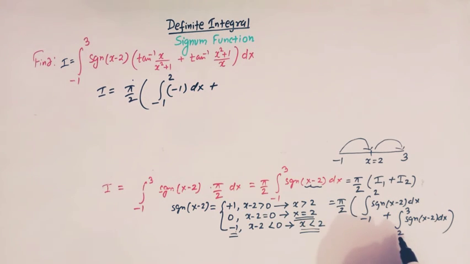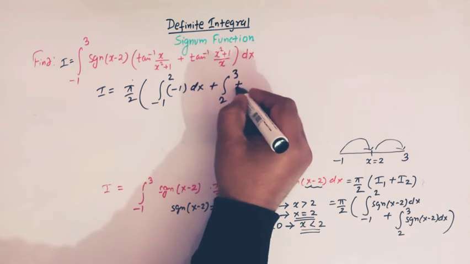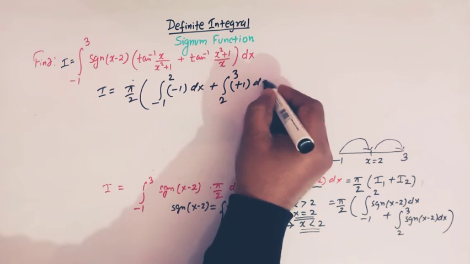And when x lies between 2 and 3, then obviously x is greater than 2, so signum of (x minus 2) is equal to plus 1, so we have the integral from 2 to 3 of plus 1 dx.